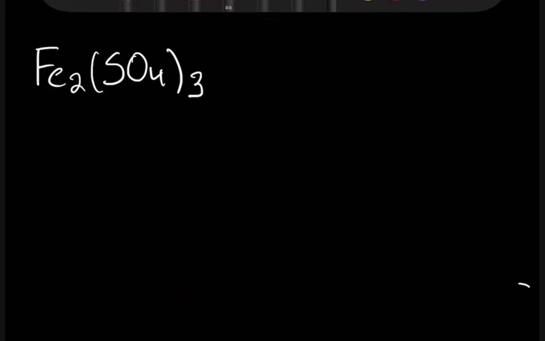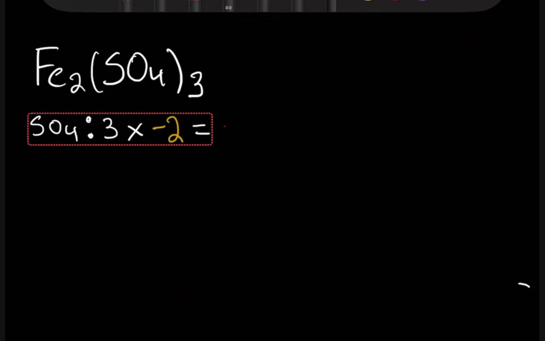Because we know that sulfate has a charge of -2. Exactly. So let's do SO4, and we have three of them, and we multiply it by the charge. In this case it is -2, and then what's the total charge it gives us? -6. Very good. Keep going.